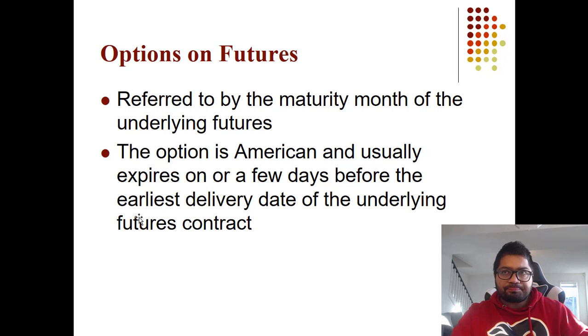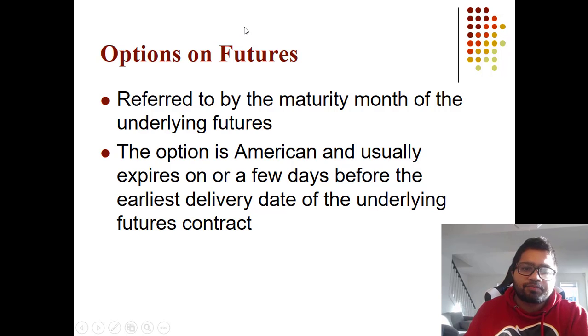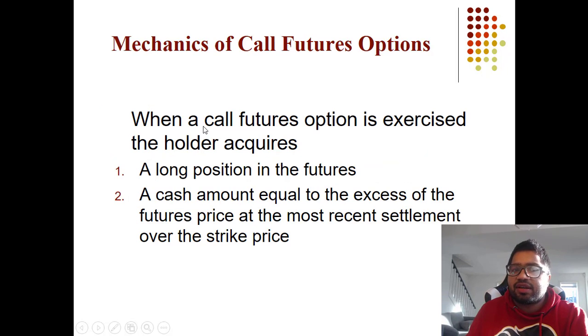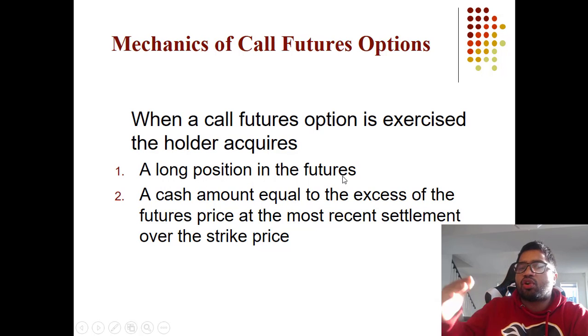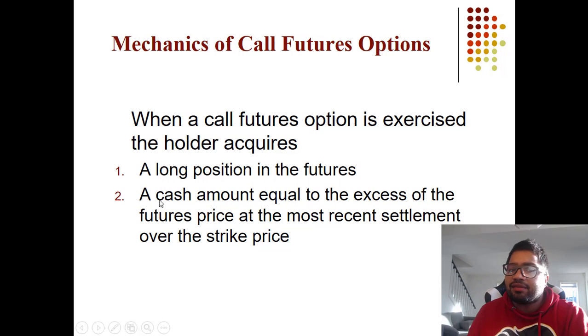Okay, so let's continue. The option is American and usually expires a few days before the earliest date of the underlying future contract. So, the mechanism of a call on a future contract. When a call on a future is exercised, the holder acquires a long position, that is, you go long on the futures, and a cash amount equal to the excess of the future price at the most recent transaction over the exercise price.